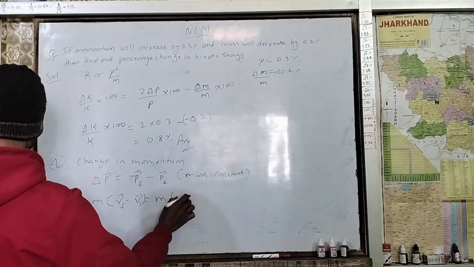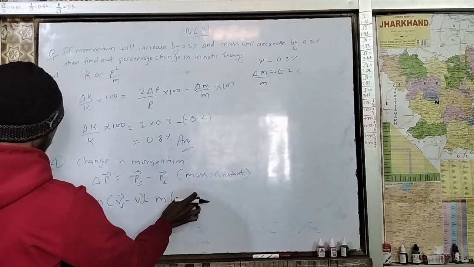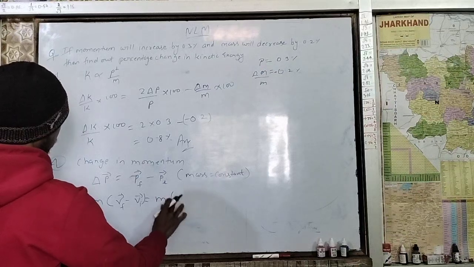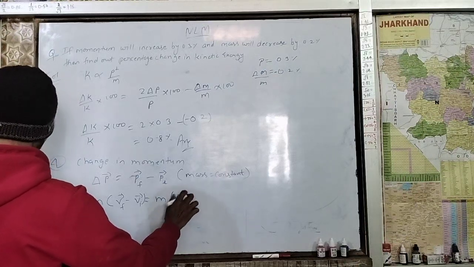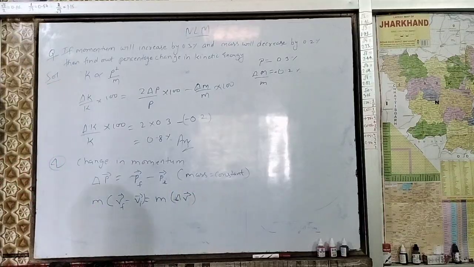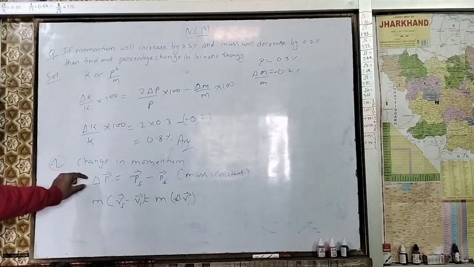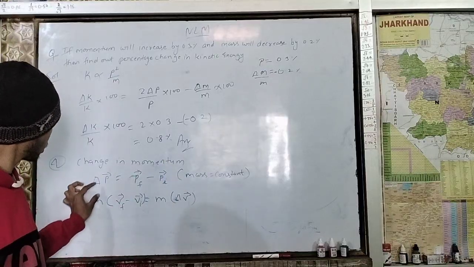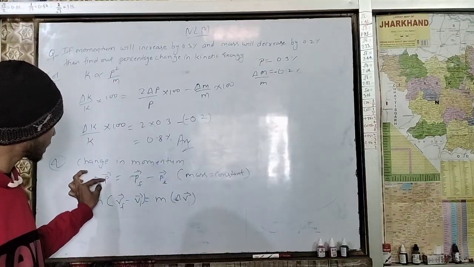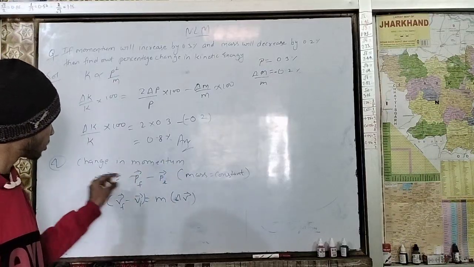This can be written as your complete velocity, delta v. Here mass is constant, but it is asking the change in momentum.